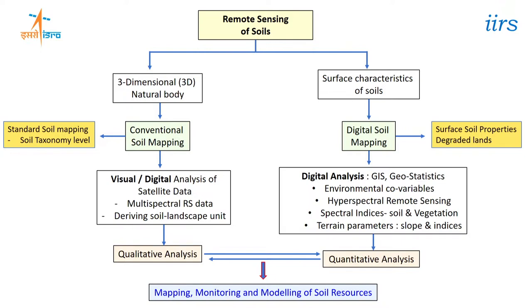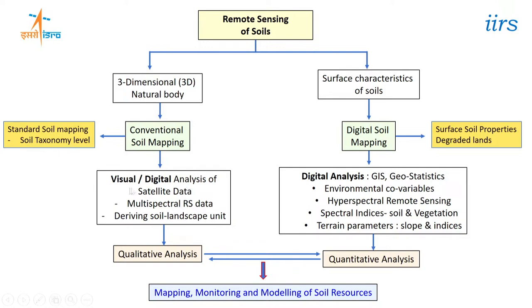When we go for studying the soil using remote sensing, as I told you, one method is conventional soil mapping, the standard soil mapping technique where we study the soil profiles and classify using soil taxonomy. So it is a soil taxonomic label.